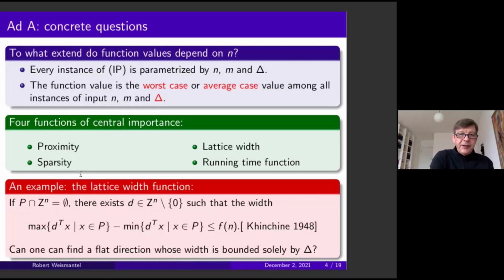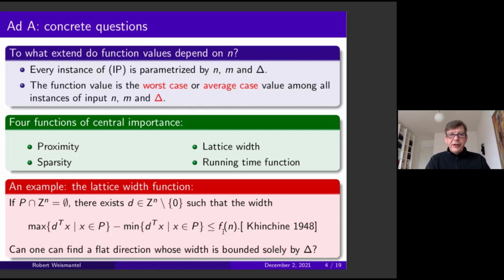As a very brief example, I mentioned this already. Imagine a polyhedron has no integer point. Then what we know from Khinchine's theorem is there exists an integral vector d different from 0, such that if I slice the polyhedron according to this normal vector d, in other words, I look at the maximum of d^T x over the points in P minus the minimum of d^T x over x in P, then this is bounded by a function which depends only on n.